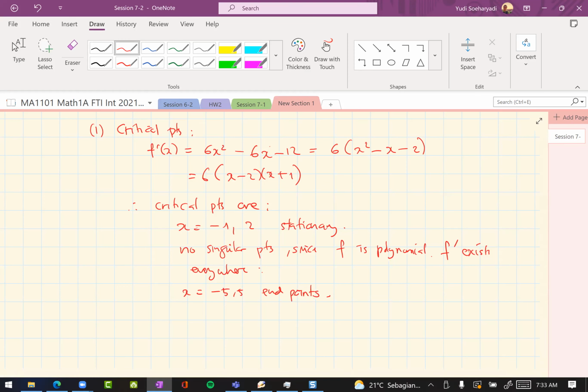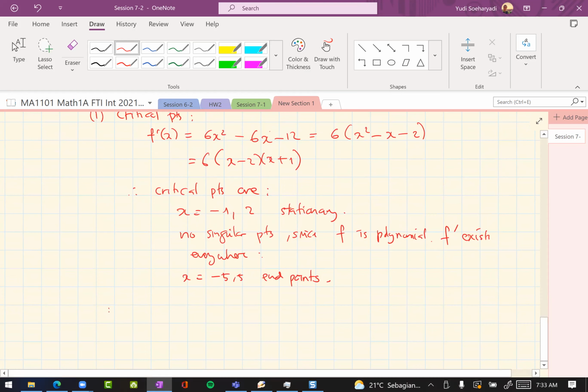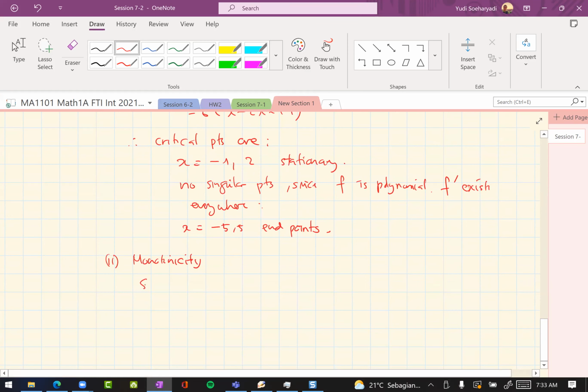So what do we need further? We need a sign chart for monotonicity. How do we draw a sign chart?